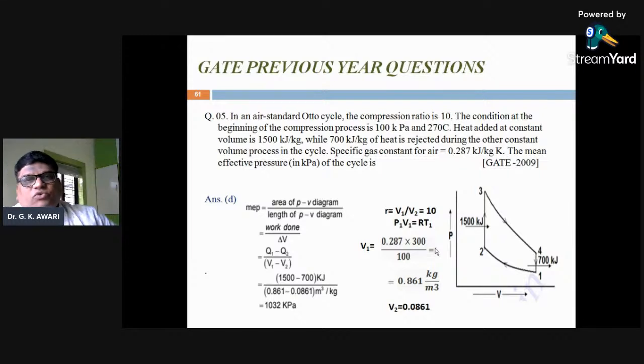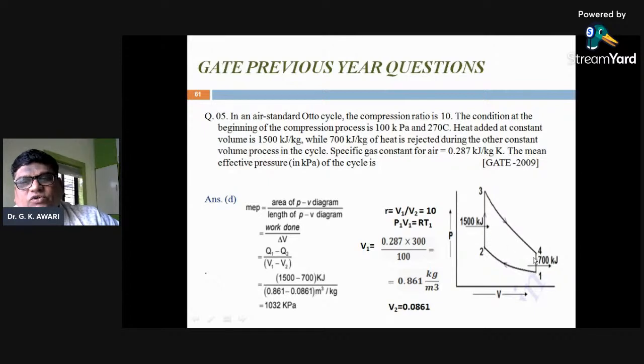If you look at the PV diagram which we have drawn here, this is regarding the Otto cycle, that is 1 to 2, 2 to 3, 3 to 4, and 4 to 1. Here heat supplied is 1500 kilojoule per kg, while 700 kilojoule per kg of heat is rejected during the other constant volume process. This process is constant volume heat addition.